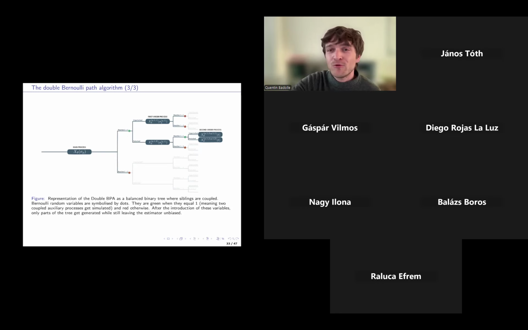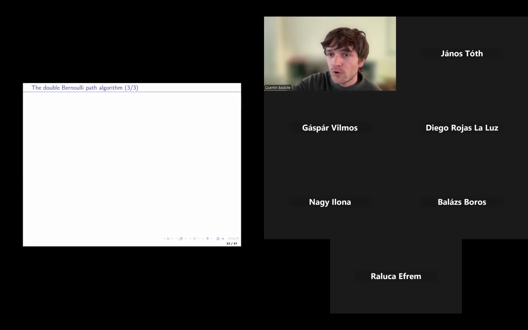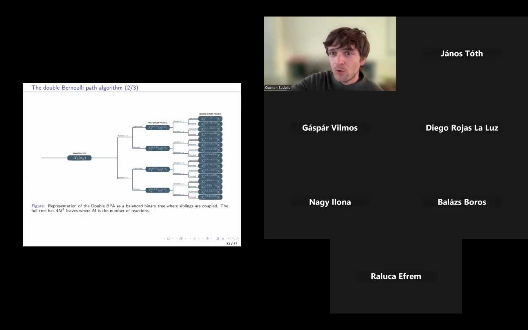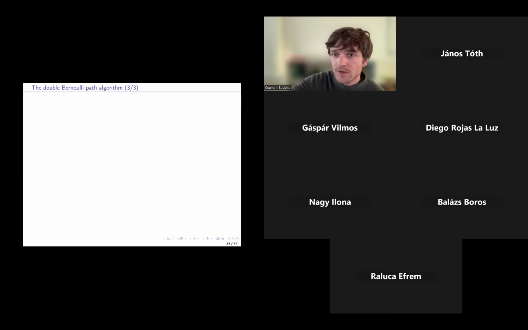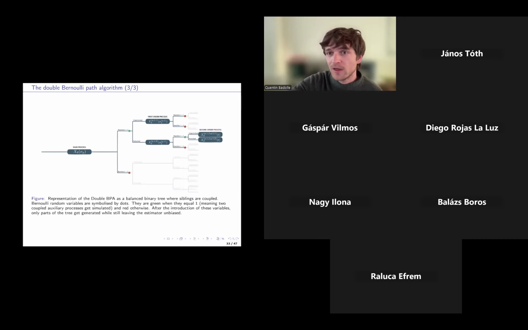And then to decide whether you generate the second order processes, you again draw Bernoulli random variables. And depending on the outcome, you generate or not second order processes. So you move from having to generate the whole balanced binary tree to just generating some of the differences of the second order processes and the first order processes.